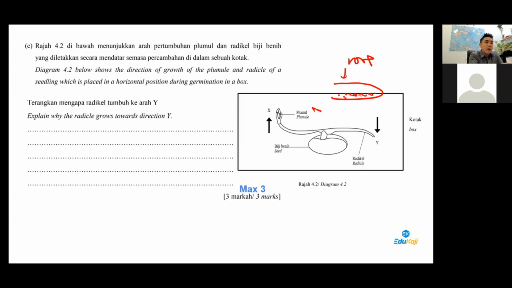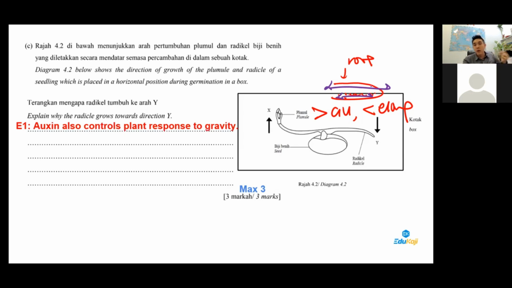The more the auxin, the less the elongation. So the top portion will elongate more than the bottom portion. That's why it grows downwards.